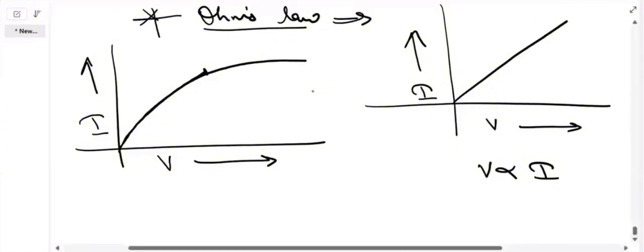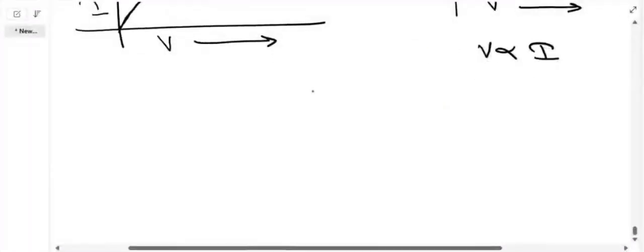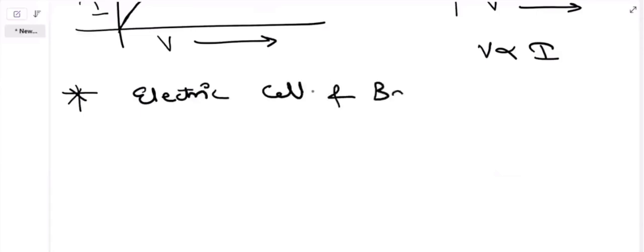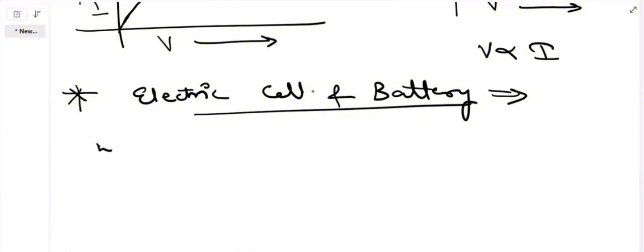Now after this we have the next topic, and that is electric cell and batteries. Obviously you are aware of the electric cell and batteries, and yesterday I had given a talk about EMF and related things. So there are two particular things with us: one is EMF and one is voltage.